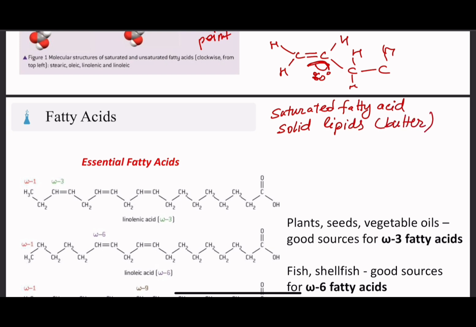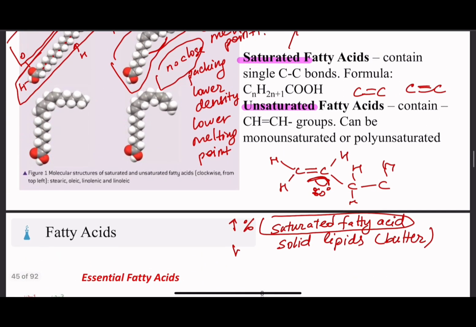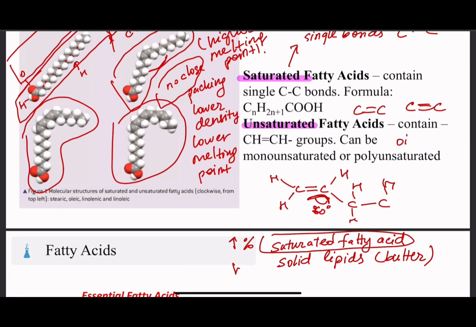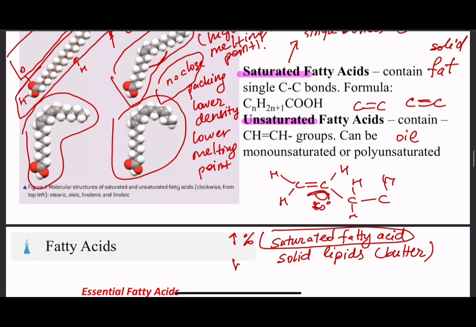It's not fully made of saturated, but it has more saturated content than unsaturated, because the unsaturated oils will have a lower melting point. You see, they have a more bent structure. These are all unsaturated, and unsaturated will have a lower melting point, meaning they will be in an oil state, while the saturated one will be in a fat state, meaning solid in here, and this is liquid.